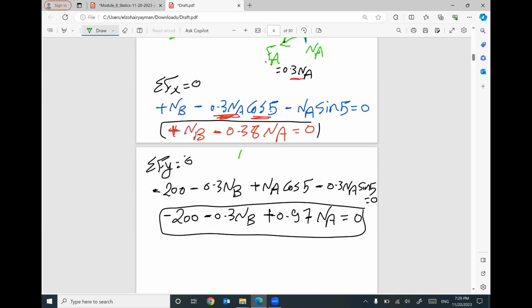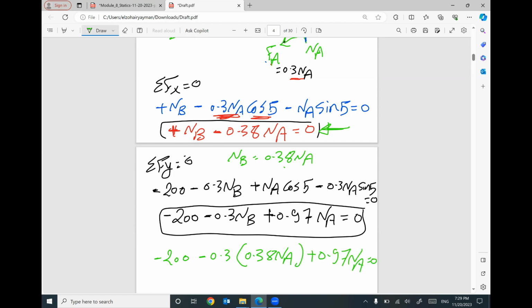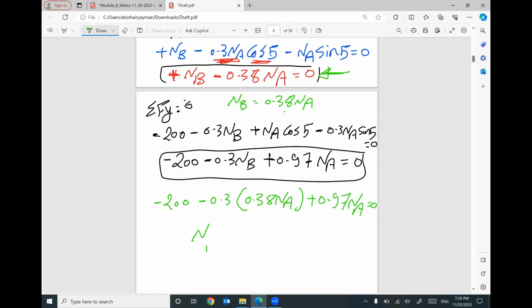So from this one, I can say NB will equal 0.38 NA from this equation. You can substitute NB with this value. So negative 200 minus 0.3 times NB, which is 0.38 NA, plus 0.97 NA equals 0. From this equation, I think I can find out the value of NA.